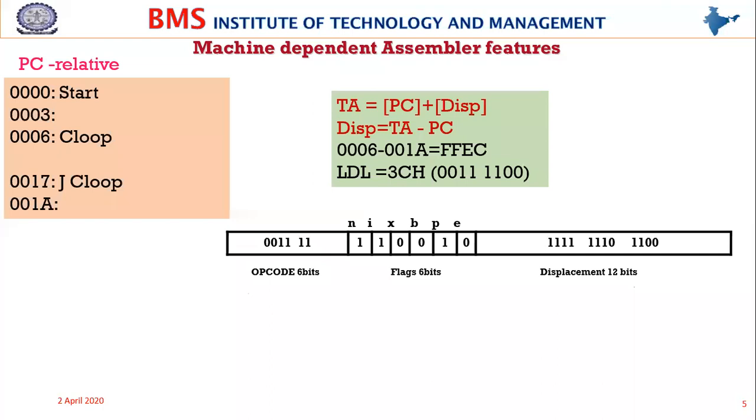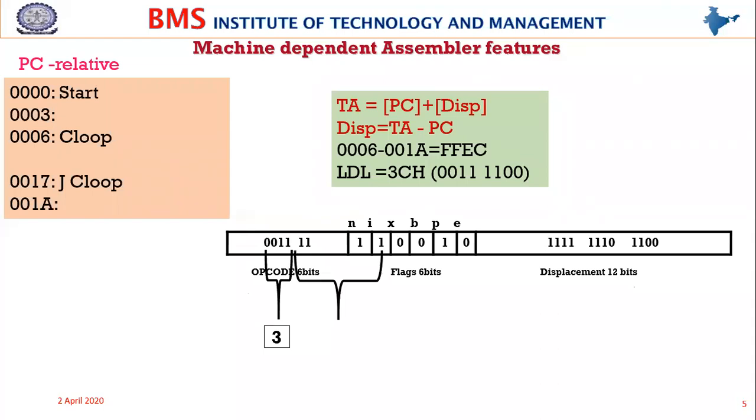Now FEC is written in the place of displacement. You can see F is all 4 bits of 1s, E is 1110 and C is 1100. Okay, let's group the bits together and find the object code. The first 4 bits group will give you 3.